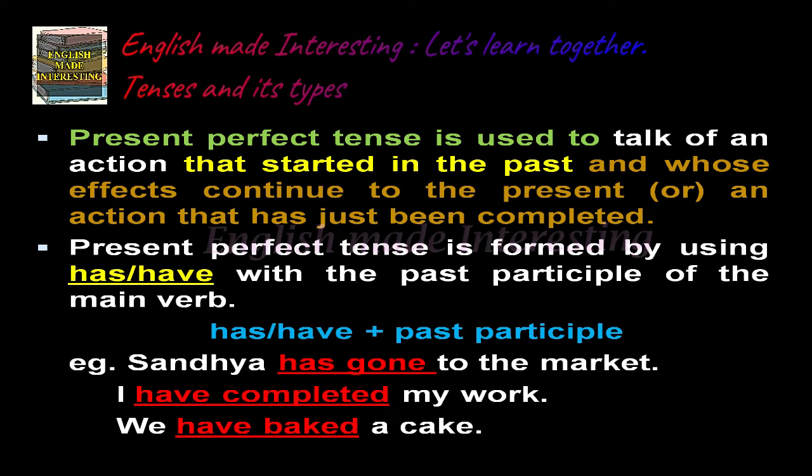Sandhya has gone. So, go, went, gone. Gone is the third form, the past participle form of the main verb. I have completed my work. We have baked a cake. So, has gone, have completed, have baked, all these are present perfect tense.